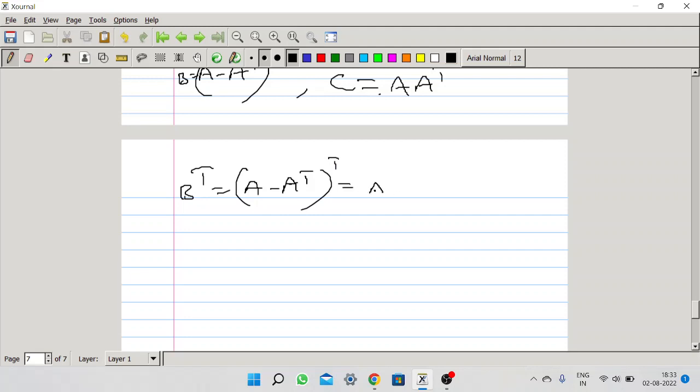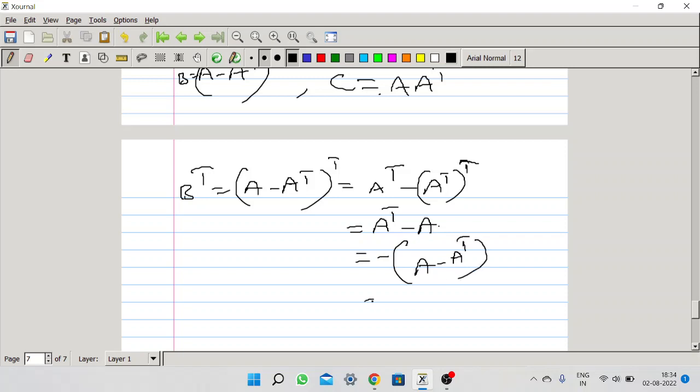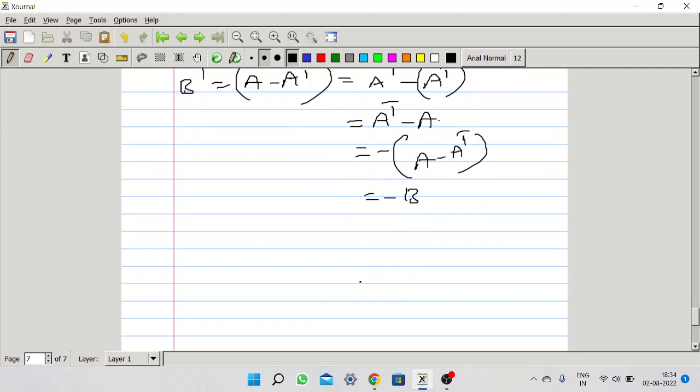This is A transpose minus A transpose whole transpose. We have A transpose whole transpose is nothing but A. So it is A transpose minus A. We can write this as minus of A minus A transpose, which is equal to minus B. So we have B transpose equal to minus B. So B is skew symmetric.